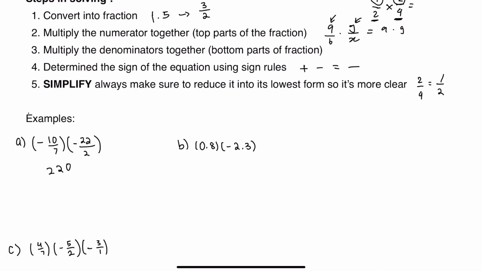The minus and the minus become a positive, and then 10 times 22 gives us 220. Then we have 7 times 2, which is simply 14. Now, if you want to reduce this, I feel like we can reduce it so it looks cleaner. We can simply divide this by 2, which is now going to give us 110 over 7.